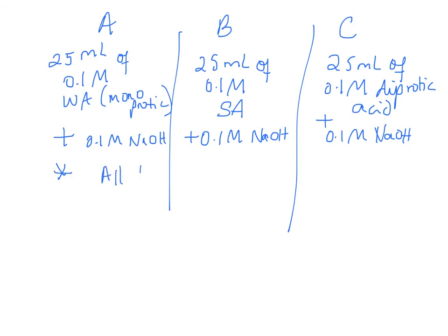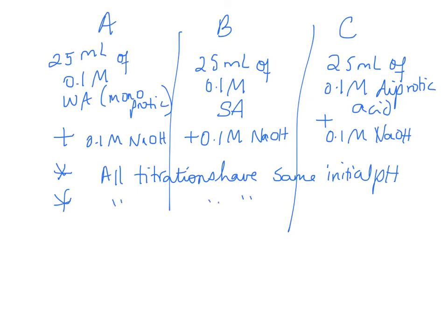All titrations have the same initial pH. Okay, that's scenario one. The second one is all titrations have the same pH at their first equivalence point.